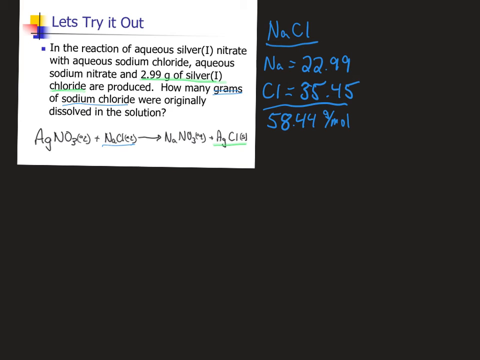Now, what's going to be different is this one has silver, and we haven't used silver yet. It's also just a 1-to-1, so I can write that in as such. So I need to look on my periodic table for silver. And this one usually ends up being the one that's a little bit more debated. Is it 107.87 or 86?